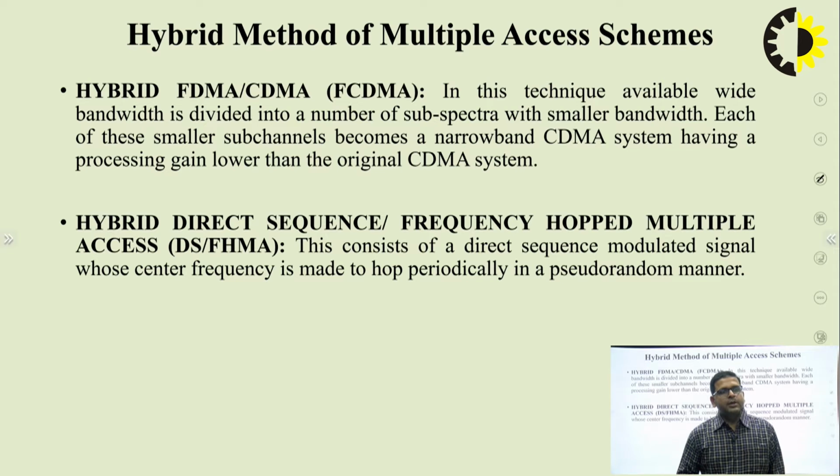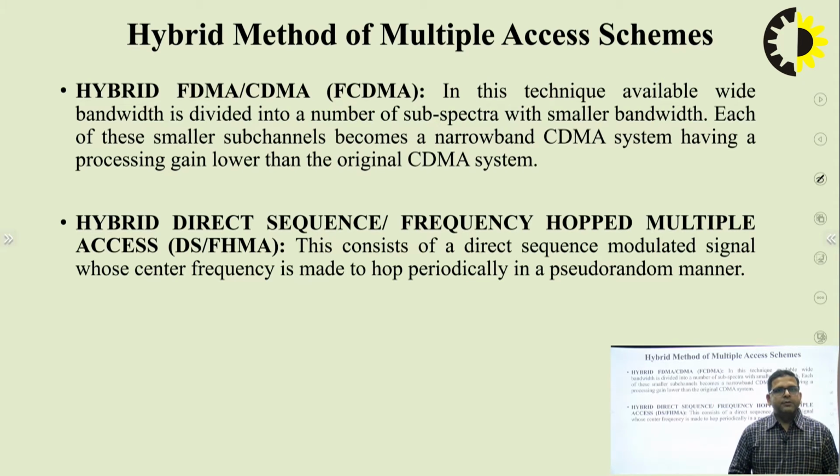Similarly, the next hybrid technique is hybrid direct sequence frequency hop multiple access. In this technique, a direct sequence modulated signal's center frequency is made to hop periodically in a pseudo-random manner.